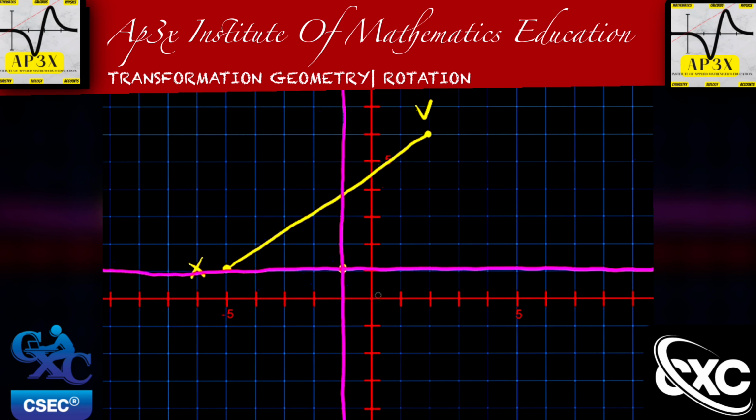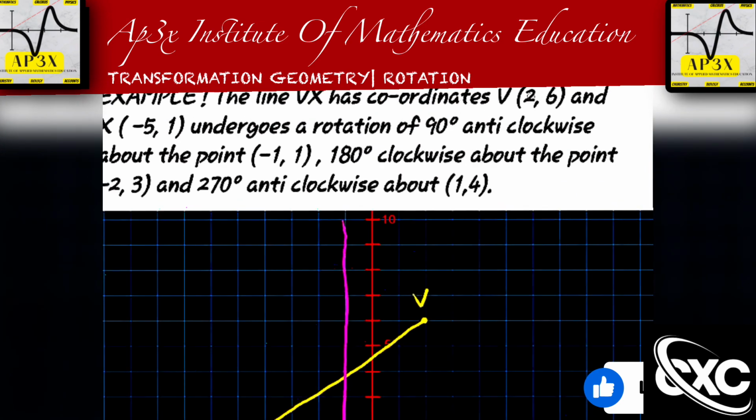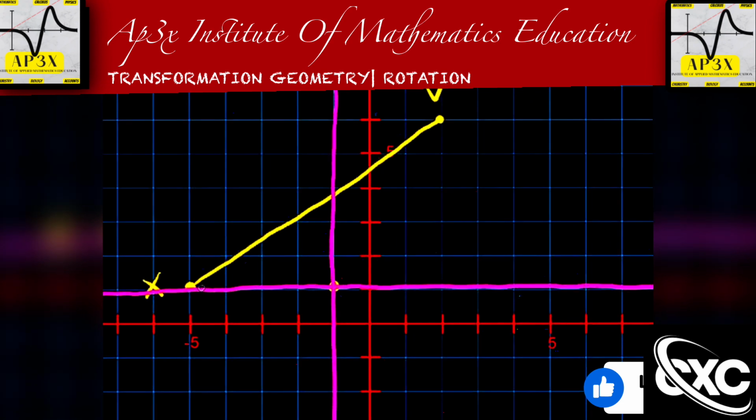And this point is now acting as my origin. Because I've changed my origin, the points on my object, which is my line here, are going to change. So it's no longer going to be (2, 6) and (-5, 1). Let us start determining the new coordinates of X and V. From this new origin, X is now 1, 2, 3, negative 4, 0.